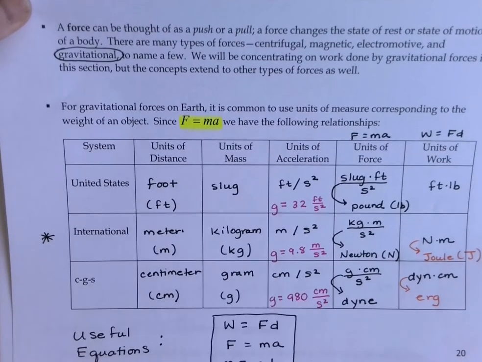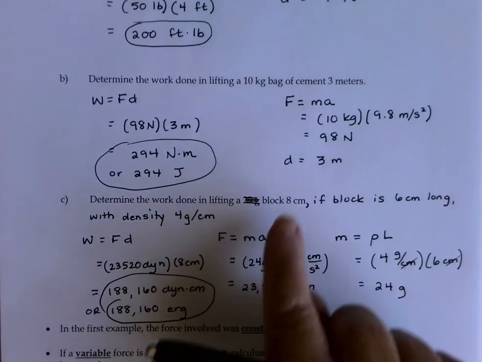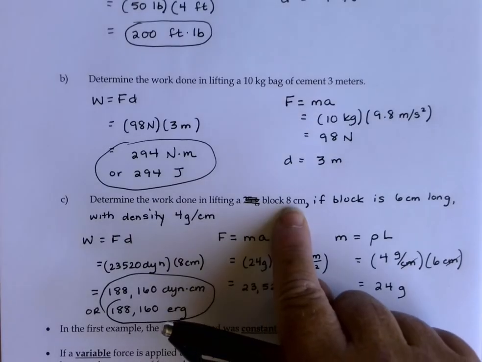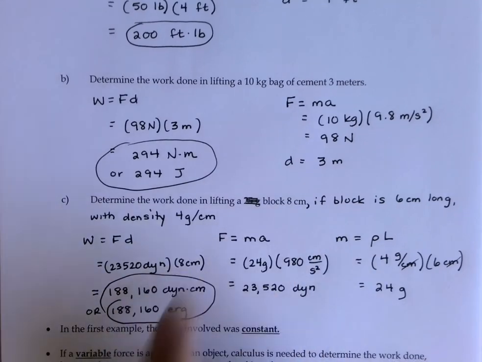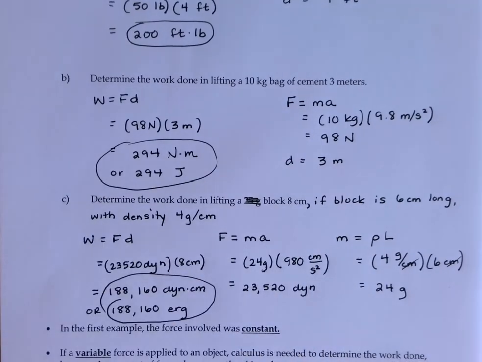One of those 3 rows, not a mixture between them. So, for example, had my distance here been given in meters instead of centimeters, I would have had to have converted. If this had been 8 meters, for example, I would have had to put it in as 800 centimeters. Make sure your units are all consistent within one of the 3 systems that we've defined.